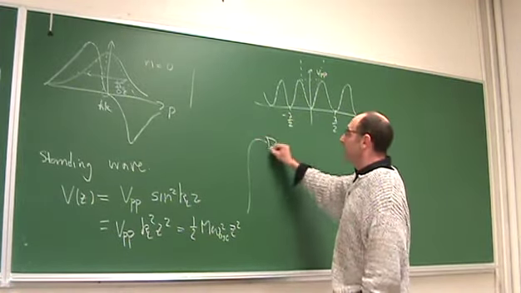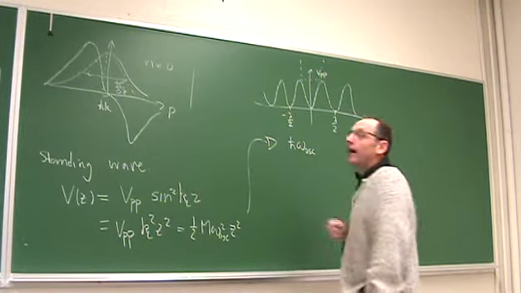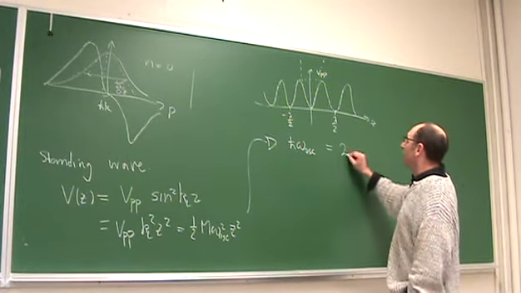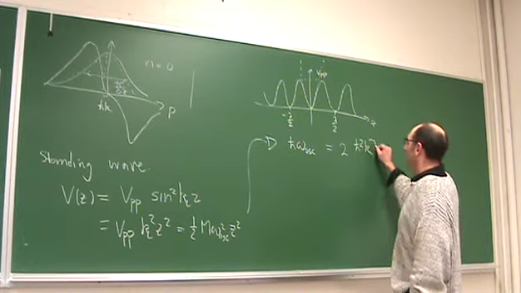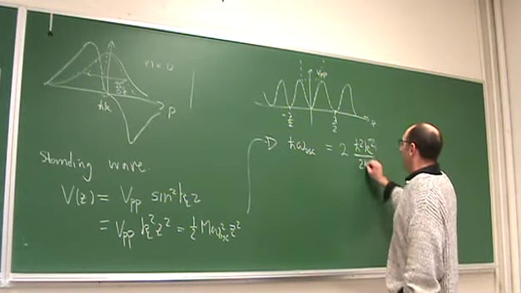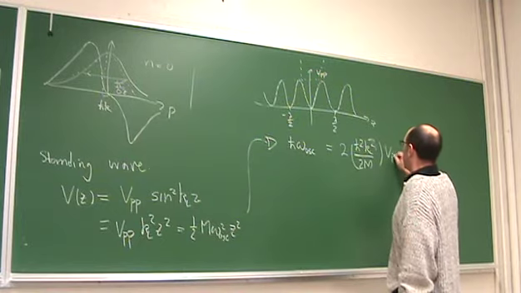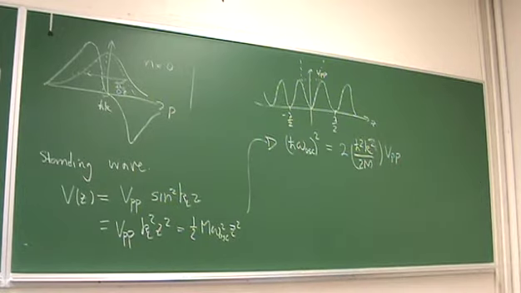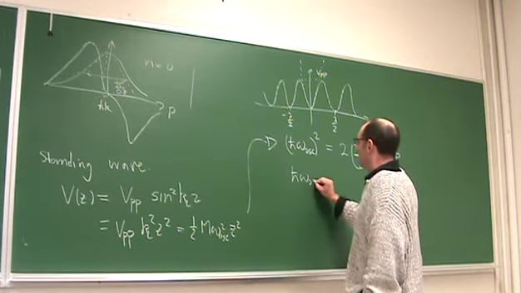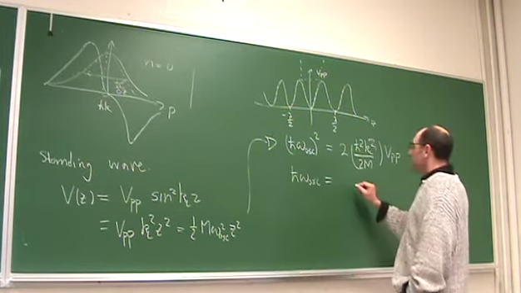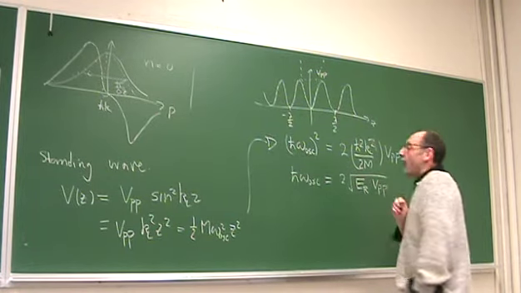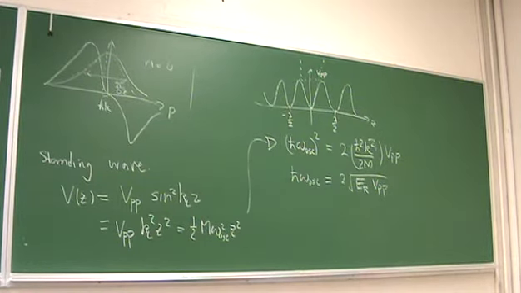If we solve this, we see that h bar omega oscillation is equal to twice h bar squared k squared over 2m times the peak depth. That's h bar omega squared. So the oscillation frequency in energy units is twice the square root of the peak-to-peak depth times the recoil energy.